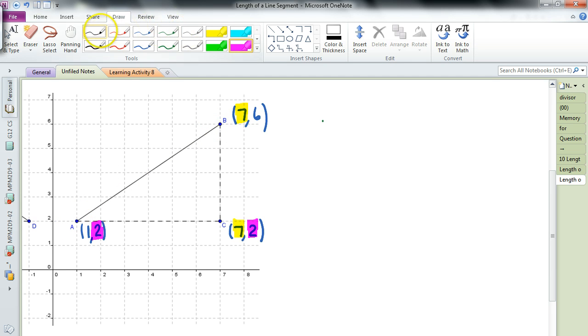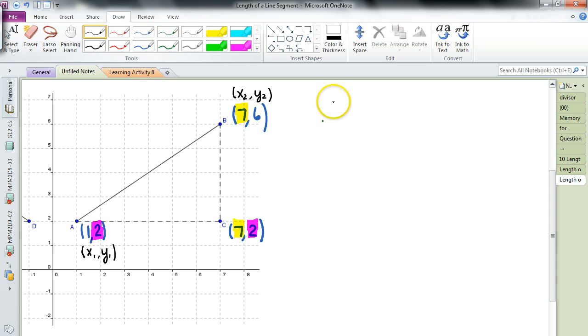So if we want to generalize this, instead of writing 1, 2, let's give these x, y values. So I'm going to call this x1, y1. And I'm going to call this x2, y2.